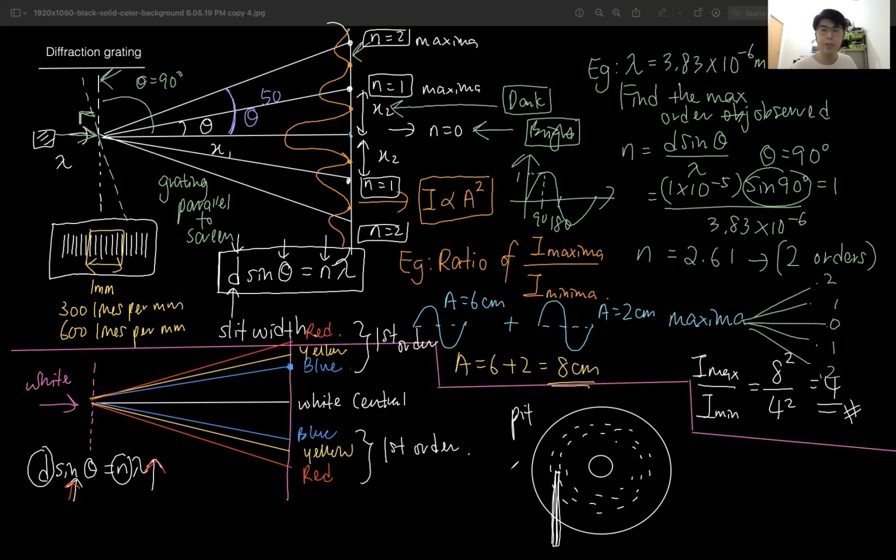Another use of diffraction, okay, like this one, the white light coming through, split into rainbows, right? Why is this important? They are used in astronomy, right? In astronomy, how do the astronomers study the composition of a star? For example, how do they know the sun is made of hydrogen, helium?